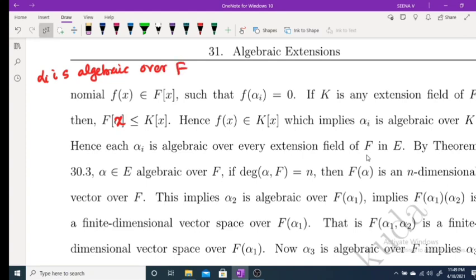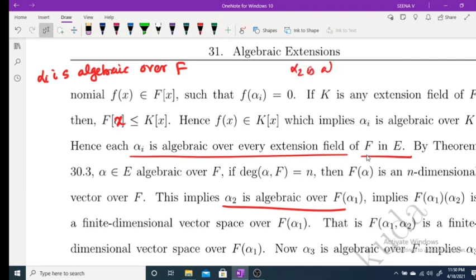Using this result, alpha is algebraic over F and alpha is algebraic over every extension field of F, which means alpha 2 is algebraic over F(alpha 1), because F(alpha 1) is an extension field of F. So alpha 2 is algebraic over F(alpha 1).